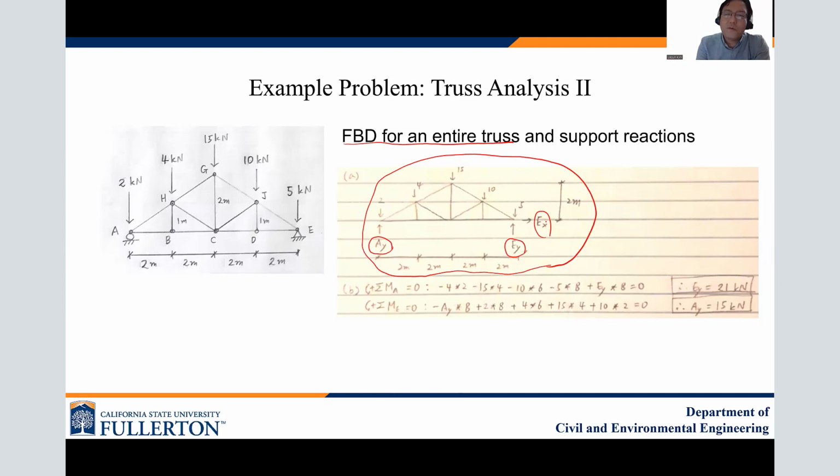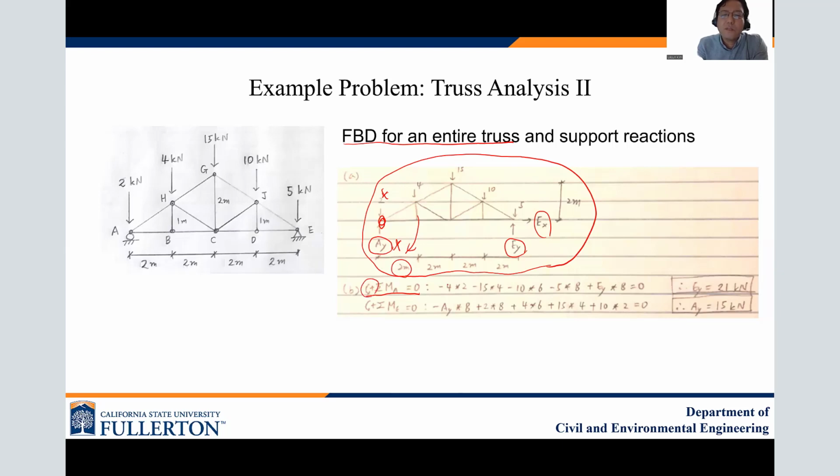Now, using the free body diagram and sigma MA equals 0, A is the pivot point. So AY cannot create a moment, and that force cannot create a moment either. But the 4, with its moment arm of 2, rotates clockwise.